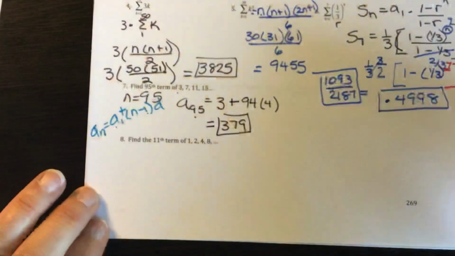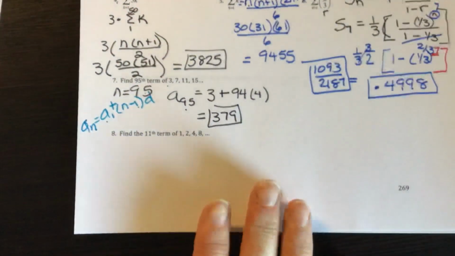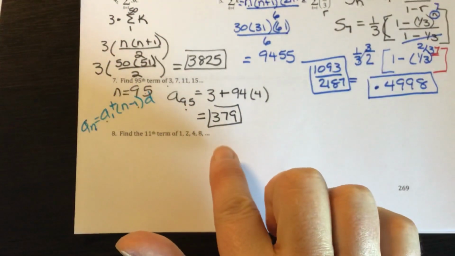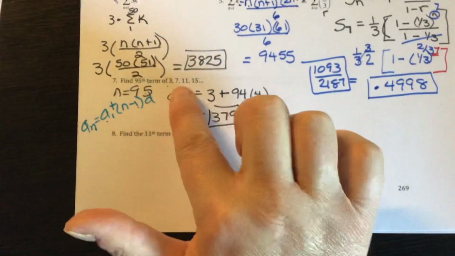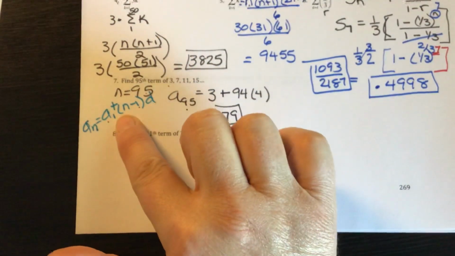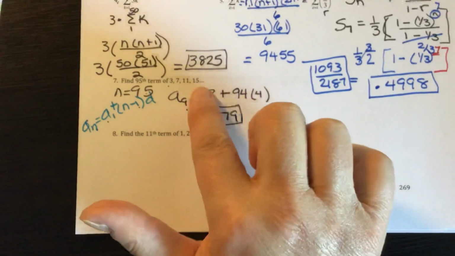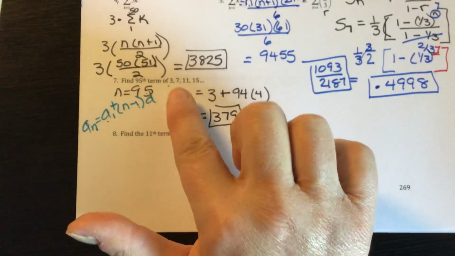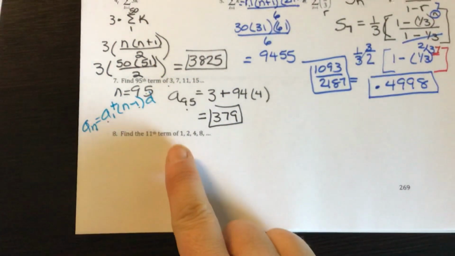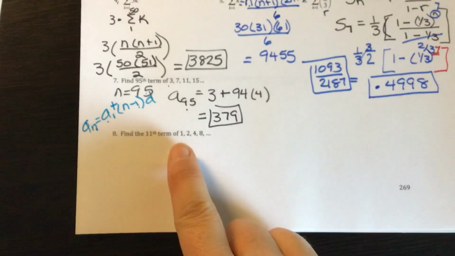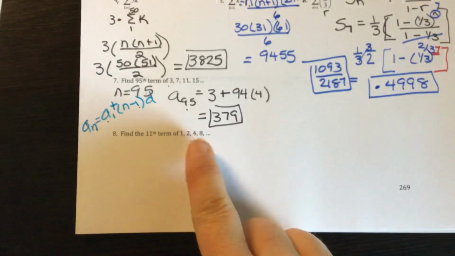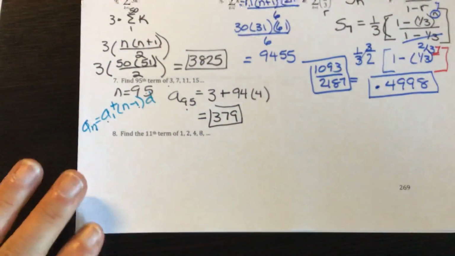Number 8 says to find the 11th term of this sequence. By the way, I knew in number 7 to use this formula because I was going up by 4 each time, and it was arithmetic. This time, my sequence is going up by a multiple of 2. So that makes this geometric.